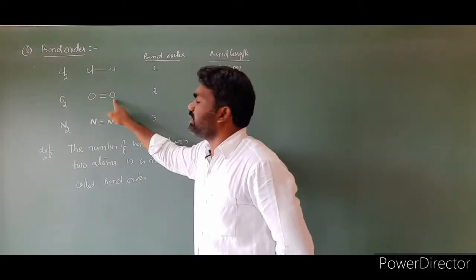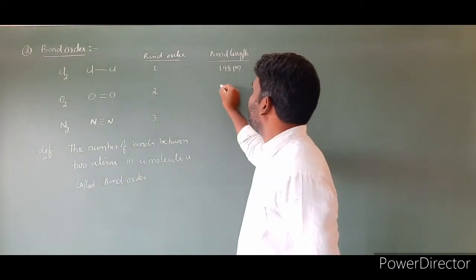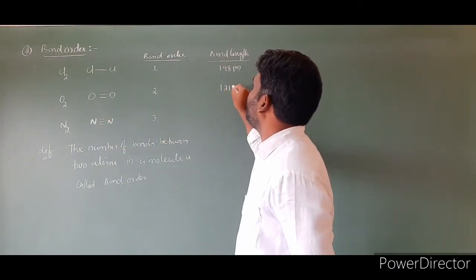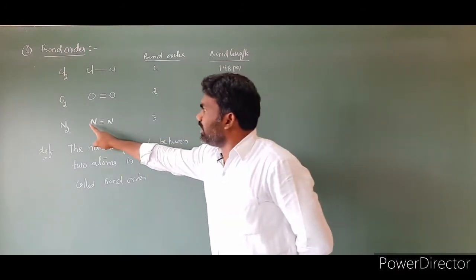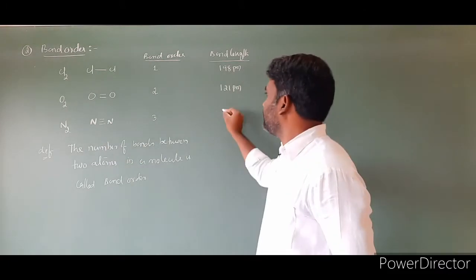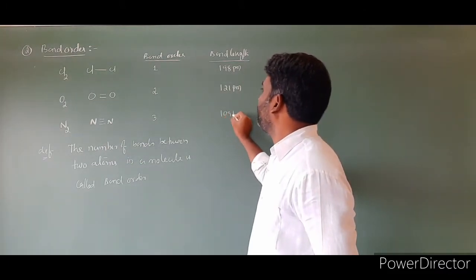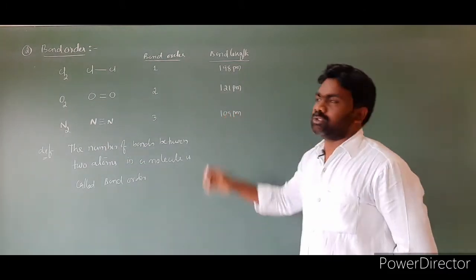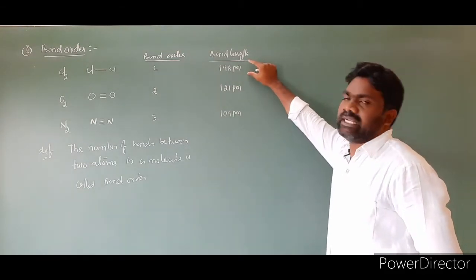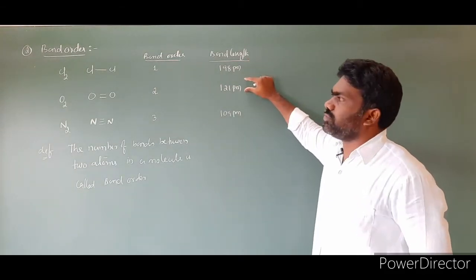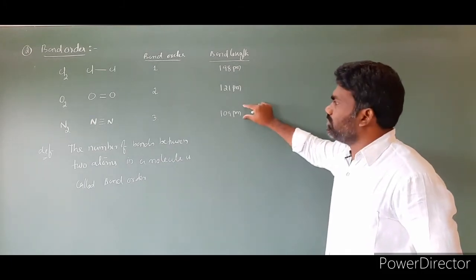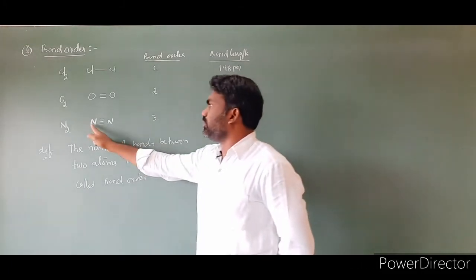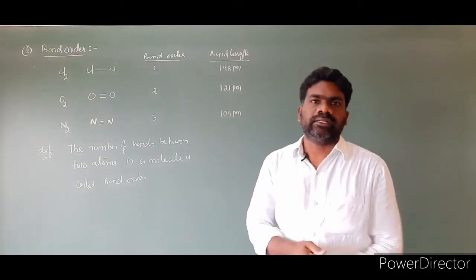In the case of oxygen, the bond length is 121 picometers. And between the two nitrogen atoms, the bond length is 109 picometers. So the bond length in a Cl2 molecule is 198, in an O2 molecule it is 121 picometers, and in an N2 molecule the bond length between the two nitrogen atoms is 109 picometers.